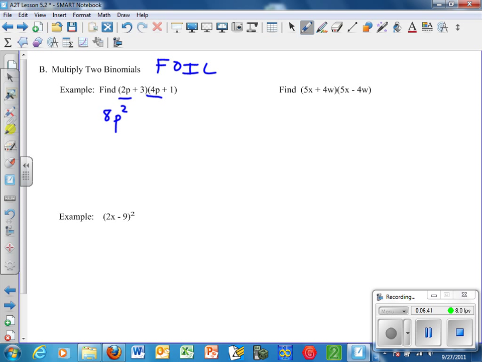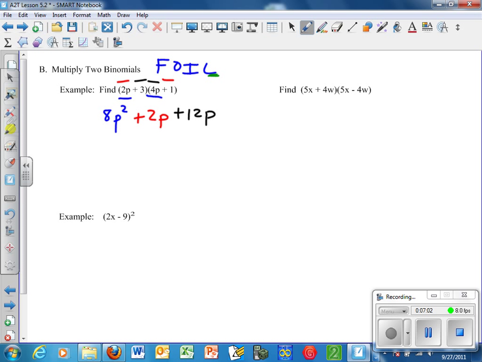Then I do my outside terms, which would be 2p times positive 1, which is plus 2p. Then I do my inside terms, which would be positive 3 times 4p, which is plus 12p.